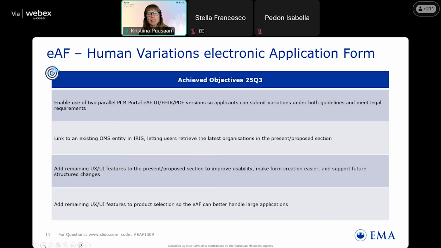So we had quite some objectives for the summer quarter, which is Q3 this year. We have now enabled the form to have two different versions at the same time available in the PLM portal.